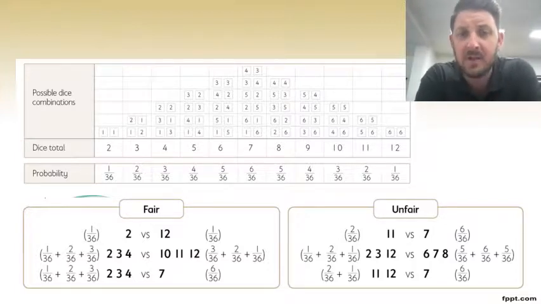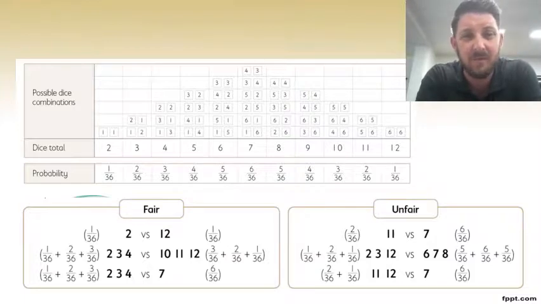When we're looking at chance experiments, it's important to know whether we are creating an opportunity to be fair or unfair. If it's fair, you have the exact same amount of chance of getting it right as another number. If it's unfair, there would be a greater chance of getting one number rather than another.